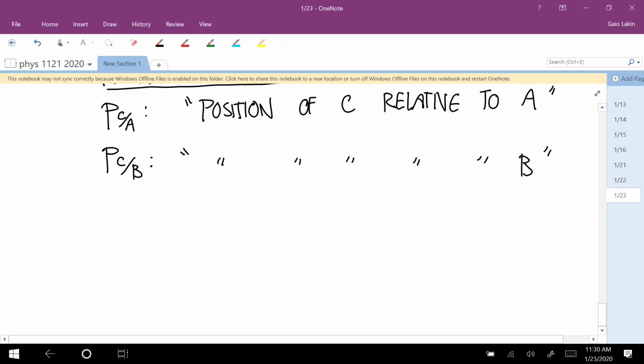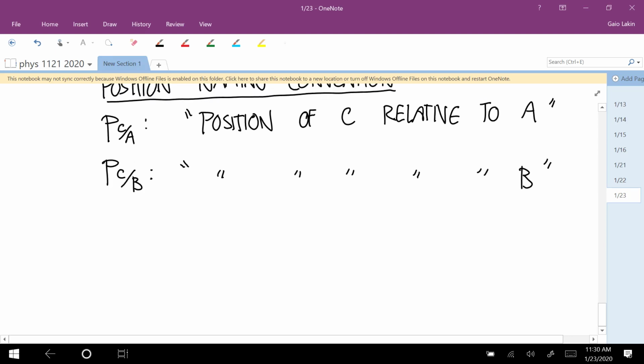And the relative motion equation for position, then, this is always true.